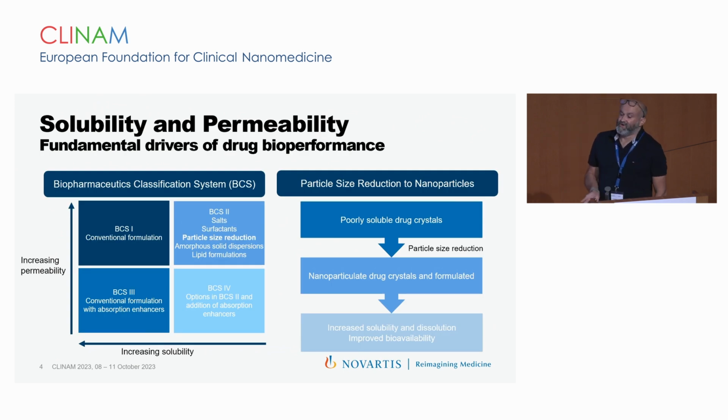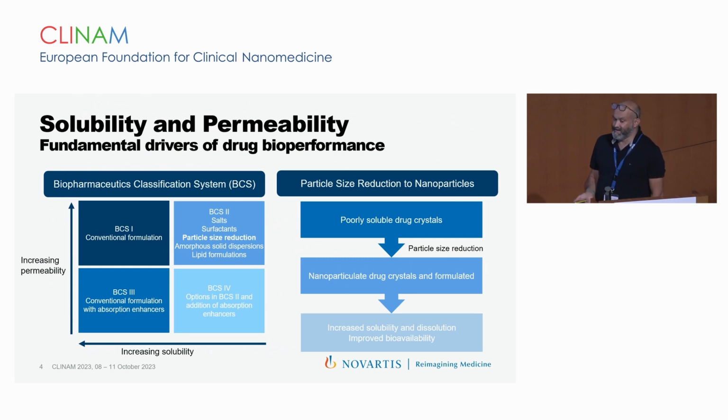The fundamental drivers of drug bioperformance are solubility and permeability, and we do the early stage characterisation via the biopharmaceutics classification system. This divides things into low and high solubility and low and high permeability.